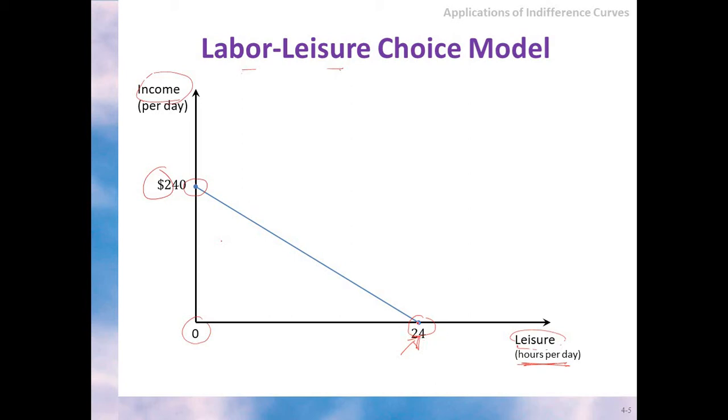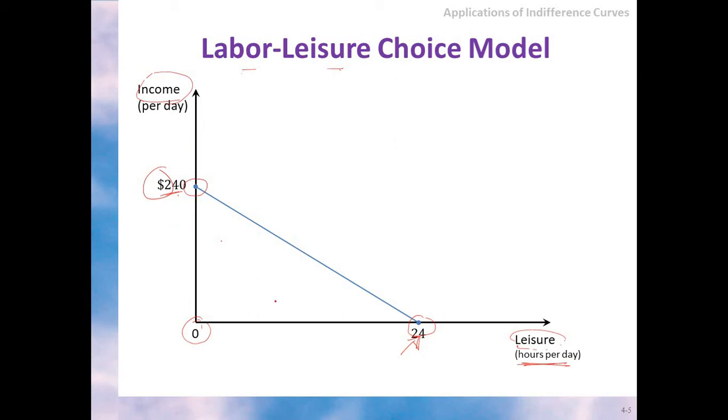If you look at this 24, with 24 hours of leisure, your income is 0. But here your leisure is 0, so this is your income maximum. If we want to know how much the income per hour is, we just divide by 24 hours, so we get $10 per hour.